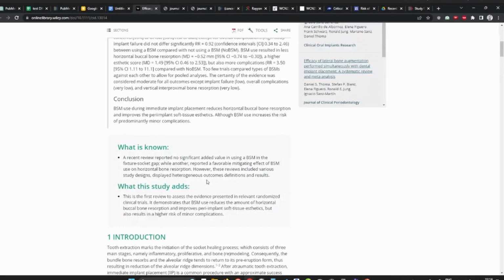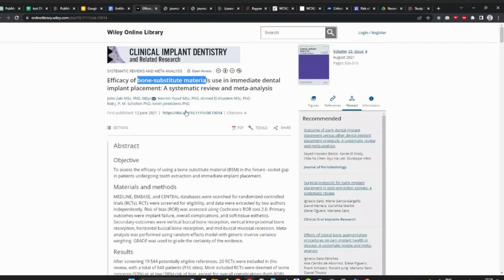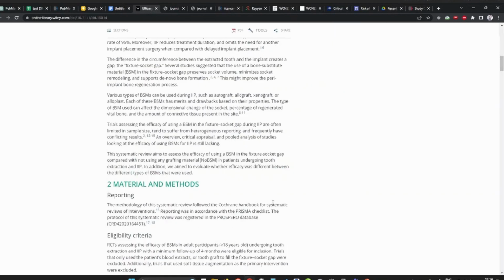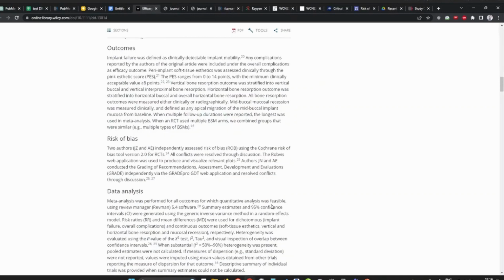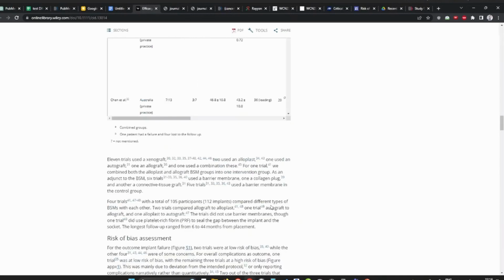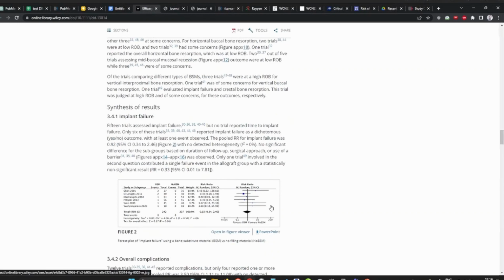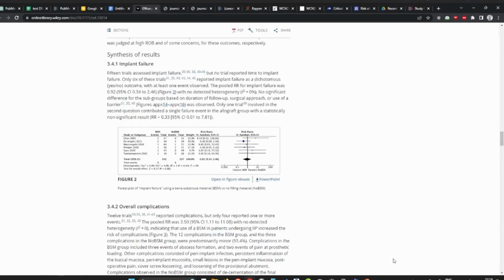Now if you can see, if we build a PICO from here, we will have dental patients with the implant, intervention with BSM, the bone substitute material, and comparison not using this material. Our outcomes in this particular paper are, for example, implant failure, whether there was implant failure or not, using BSM versus not using BSM.